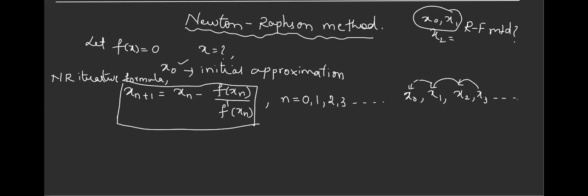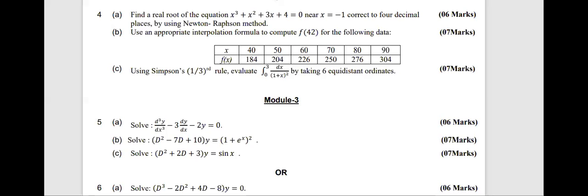Okay, so I'll take one example and start solving it. You can just see here. I think I will again choose the same model question paper. Can you see this question? Just make a note of it. We are going to solve it.